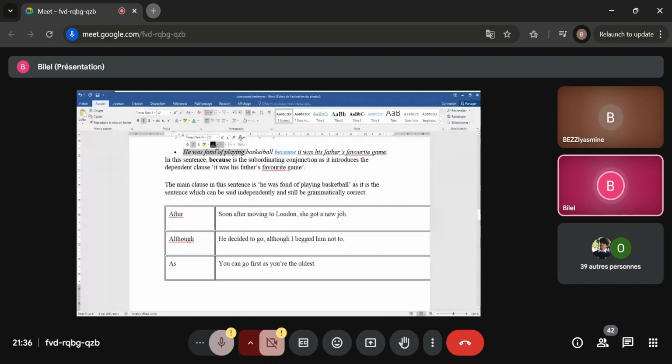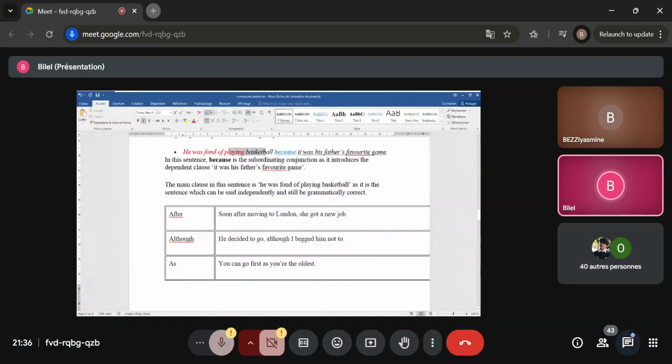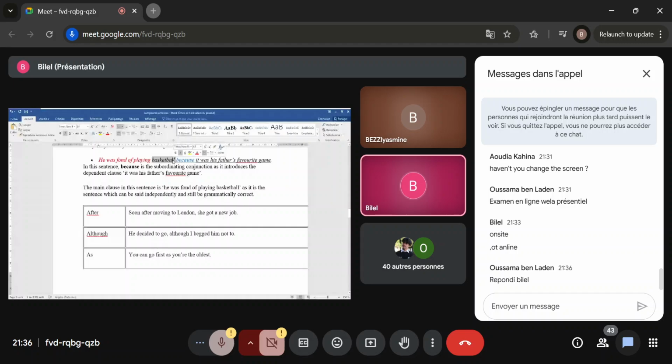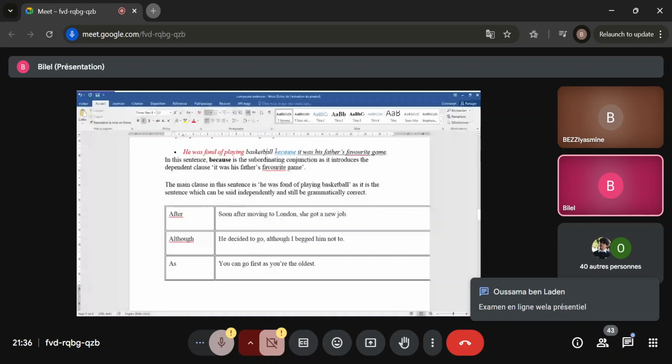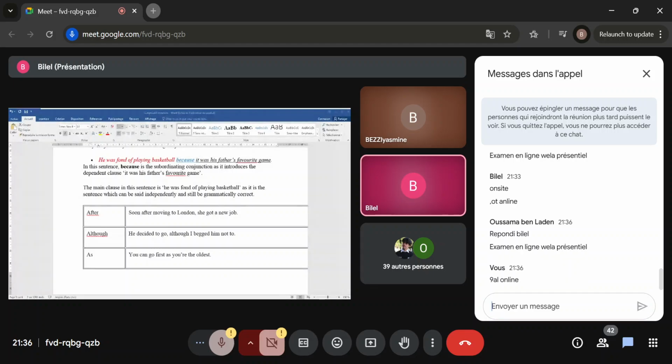We're going to use another color. Red. All of this part. Sorry. This part is the independent clause and this one is the dependent clause. Yes? Question?